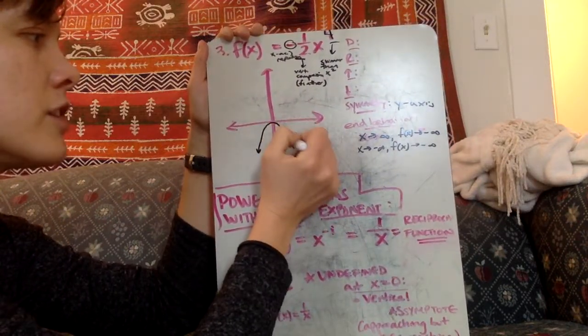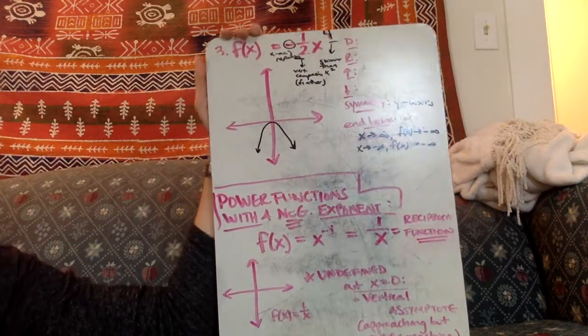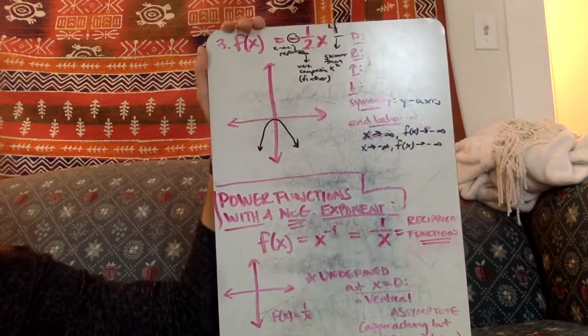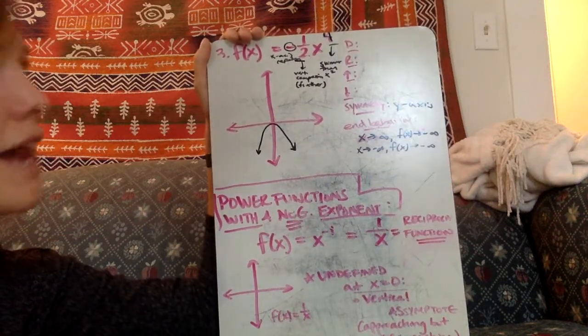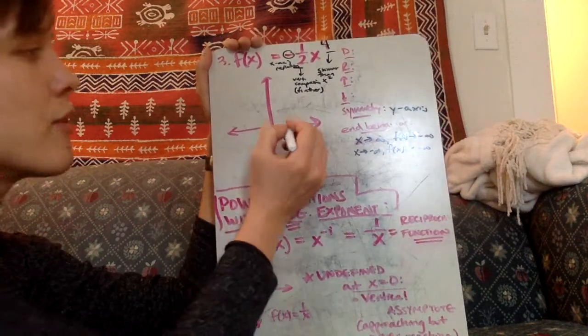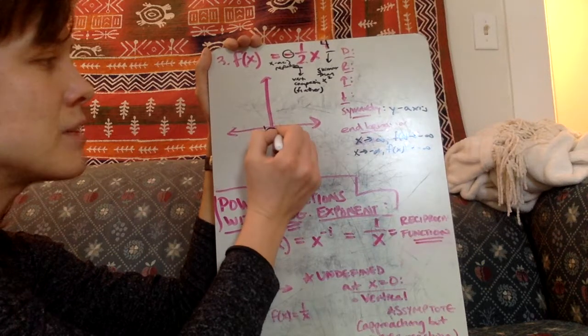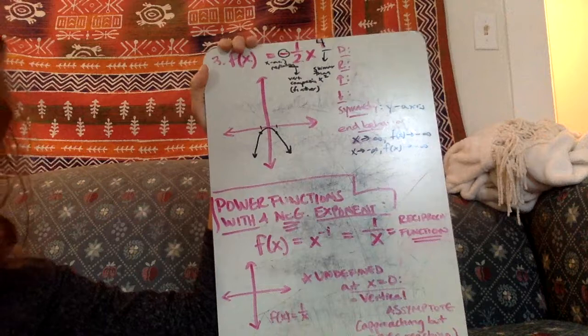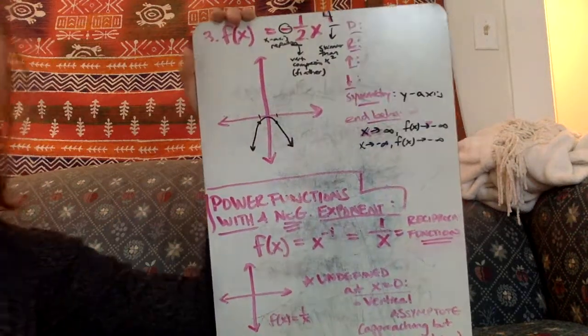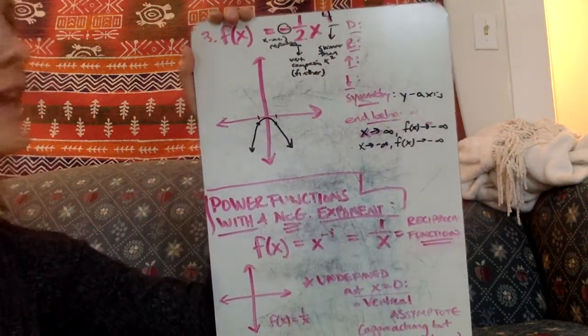And if you feel the need to, you can plug in specific values for x, like 1. So 1 to the 4th is 1, and then times -1/2. So x equals 1 and x equals -1, I'm going to have y equals -1/2. If you want that for easier graphing, feel free.